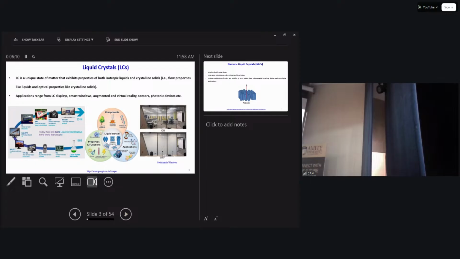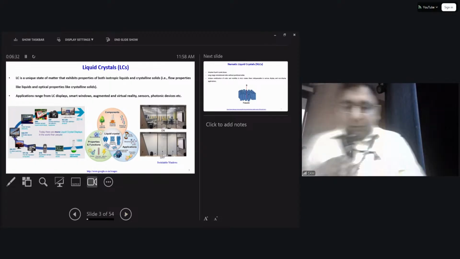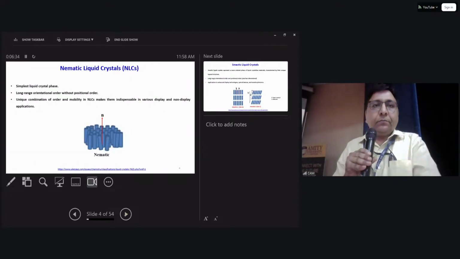You can apply a certain voltage, switch the button on, and it becomes opaque. You can also change the temperature or apply an electric field. Suppose outside of the office the temperature suddenly goes up; this window will automatically control the state of its transparency.